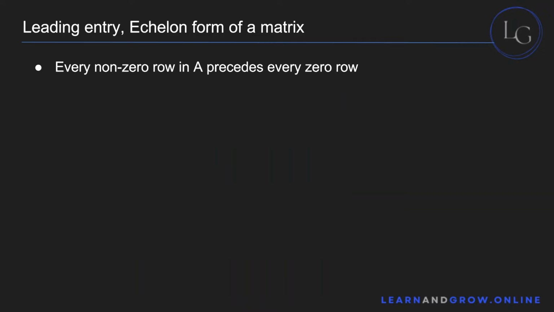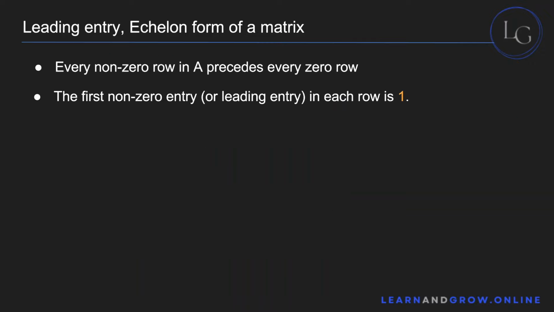Now, the second condition of the row echelon form is that every non-zero row in A precedes every zero row. What this really means is that the non-zero rows in a matrix must always come before the zero row. The zero row, the row that has all zeros in it, must come at the end of the matrix.